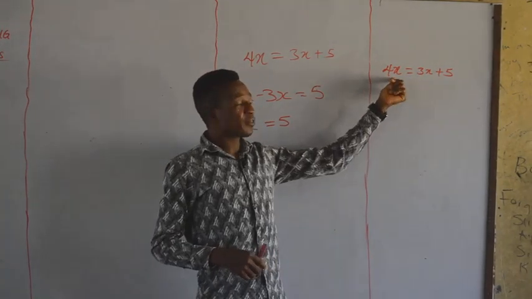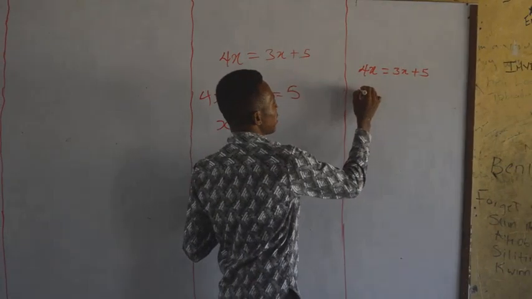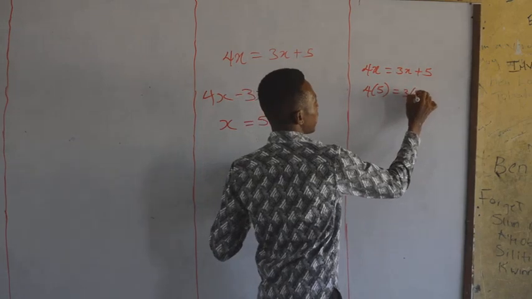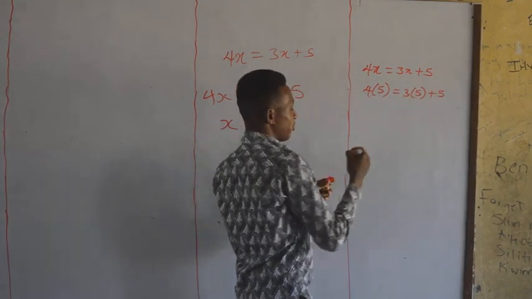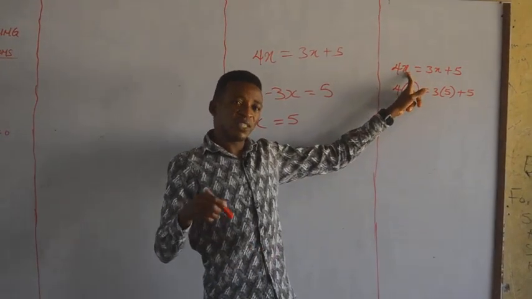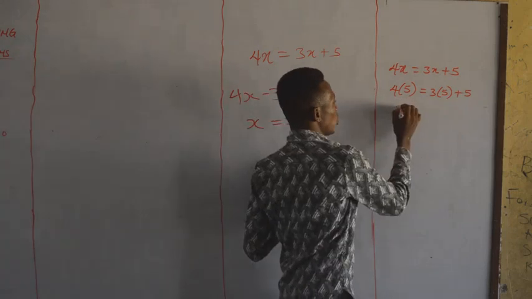In this place here, on your LHS, we have 4x. That means 4 into bracket 5 equals 3 into bracket 5 plus 5. What you have done there is this: 4x simply means 4 times x. That's the same thing we did here. 4 times 5 gives us 20.